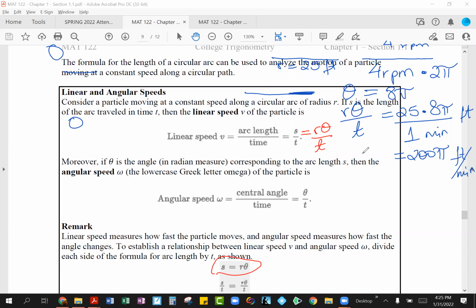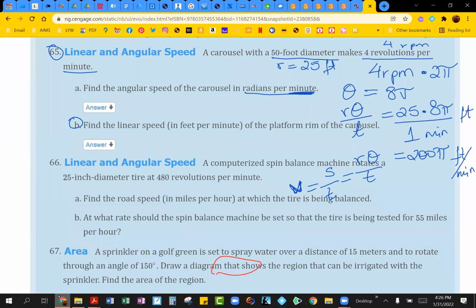So you can say this is R times theta over T, or you can say that's basically S over T, which of course comes out to be V for your linear speed. That's what we are looking at here.